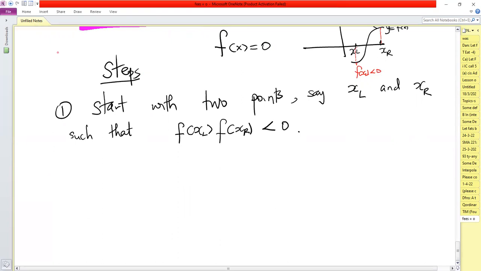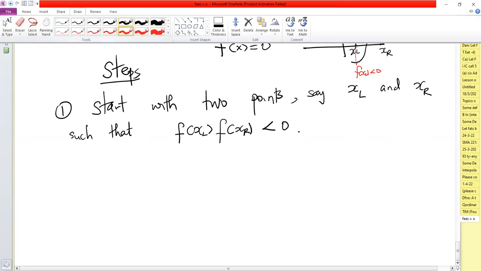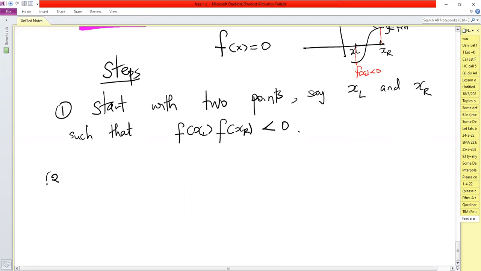One positive, another one negative. It does not necessarily mean that f of XL must be negative and f of XR must always be positive. That's really not the case. When f of XL is negative, then f of XR must be positive, and vice versa. When f of XL is positive, then f of XR must be negative.